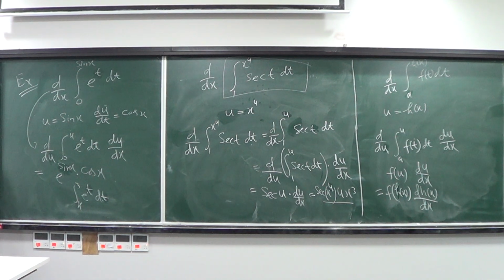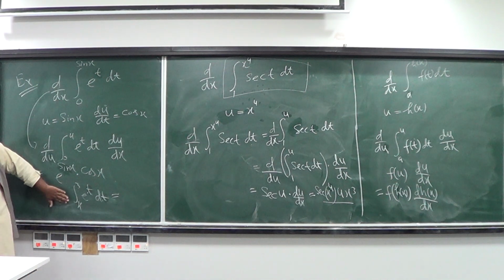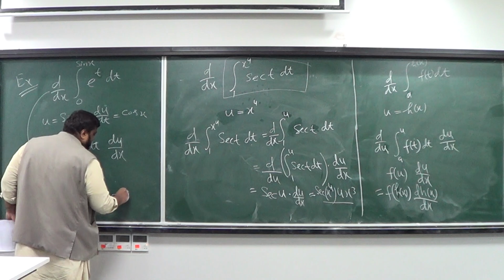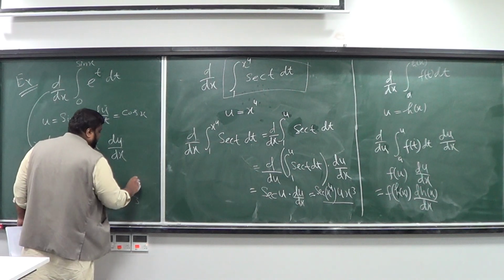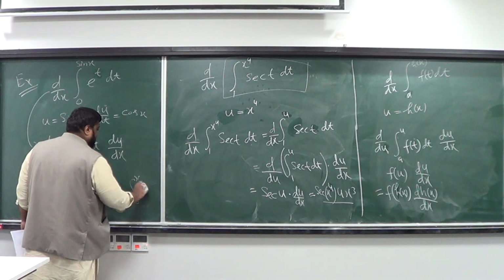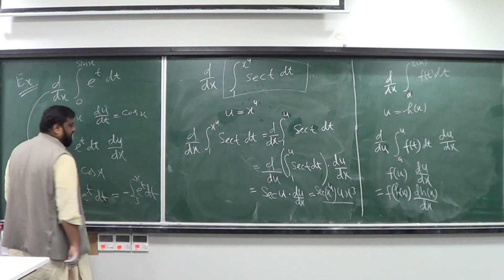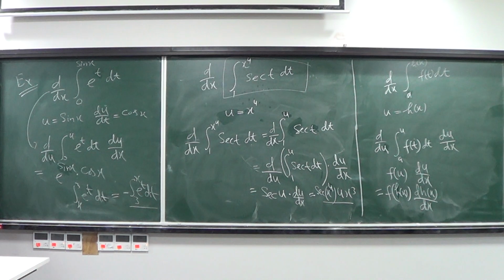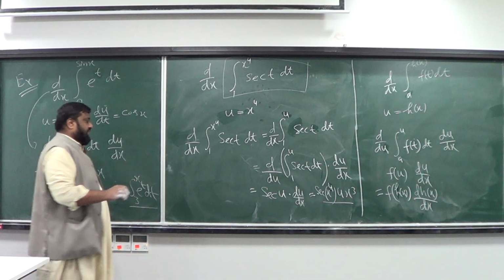We talked about this property last time, that you can flip the limits. If you flip the limits, you get minus the integral from 3 to x of e to the t dt. And then you know how to solve this integral. So you can easily do such problems as well.